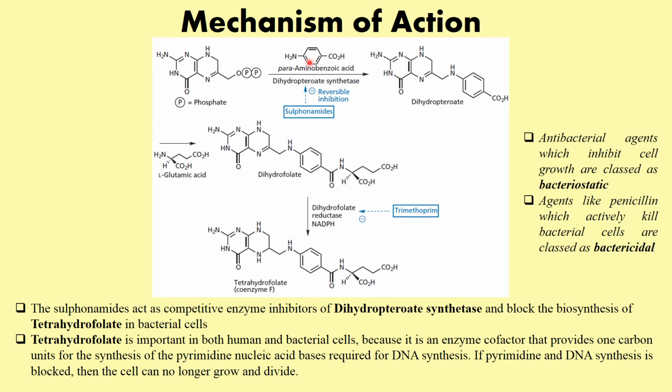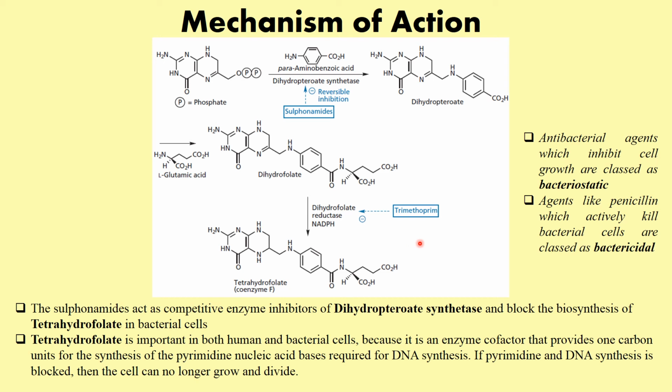If that is the case, then whatever compound we form is not going to lead to the formation of the tetrahydrofolate, as a result of which we clearly block it. In the next slide we are going to see how it competes.